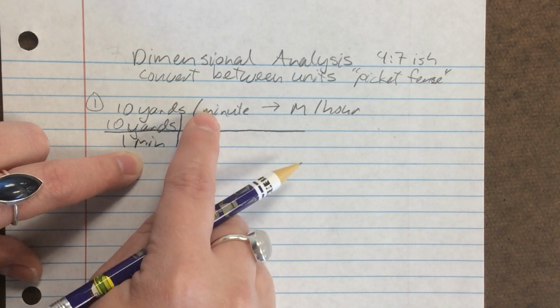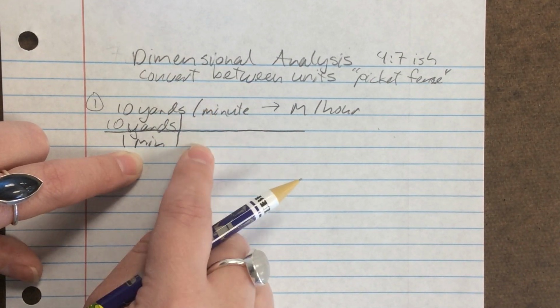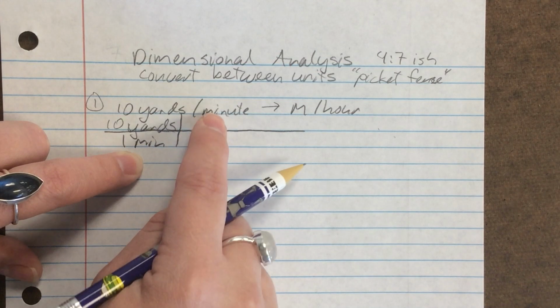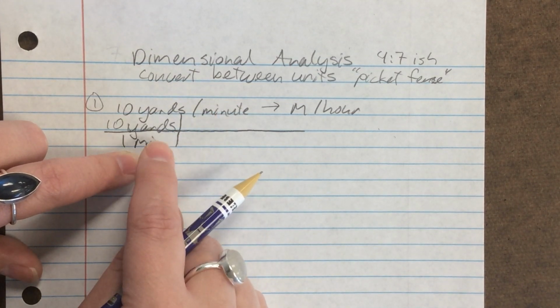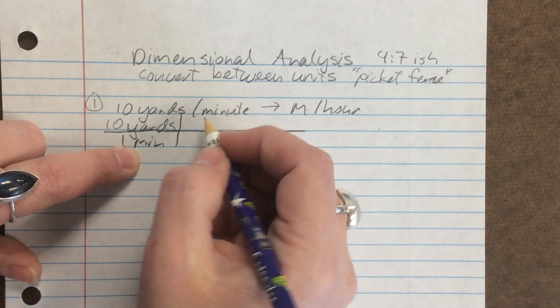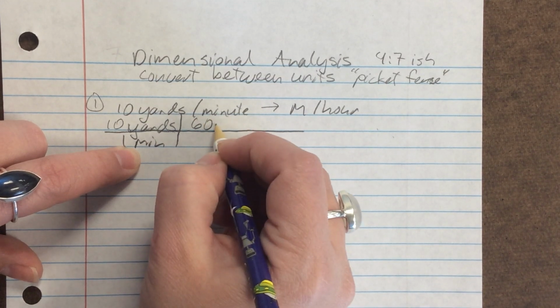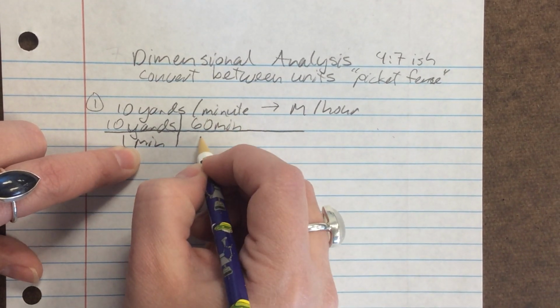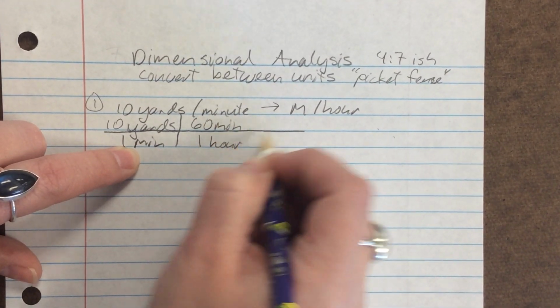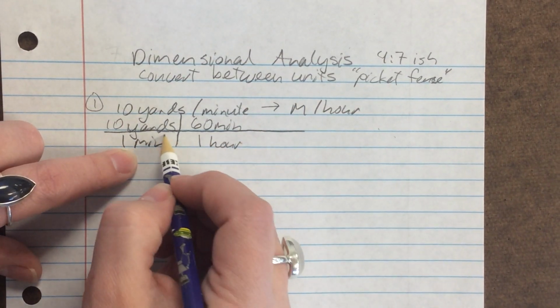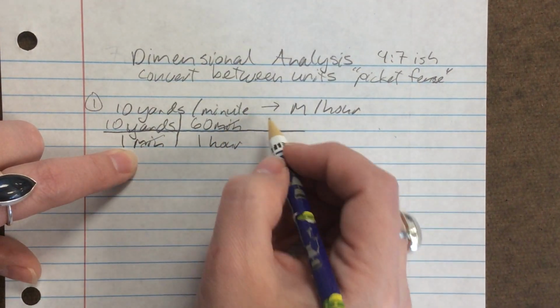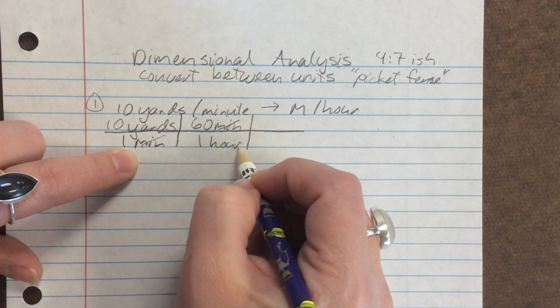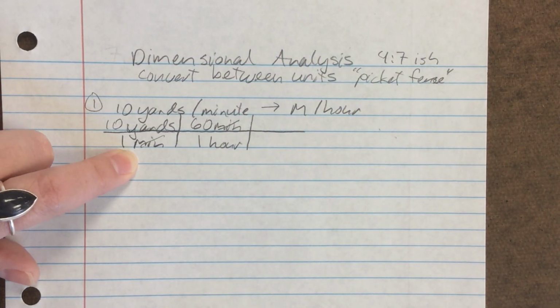Then you have to decide where to put the 60 minutes and where to put the hours. You want the units to be able to cross out. So we've got minutes down here, so we're going to do 60 minutes up here to 1 hour. Then our minutes will cross out. Sweet, and we're left with hours, which is what we want.